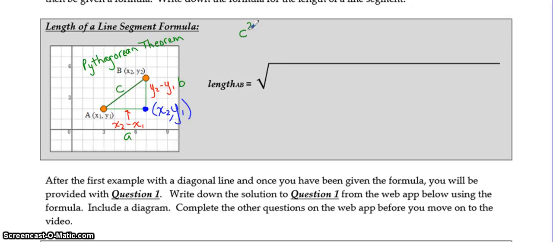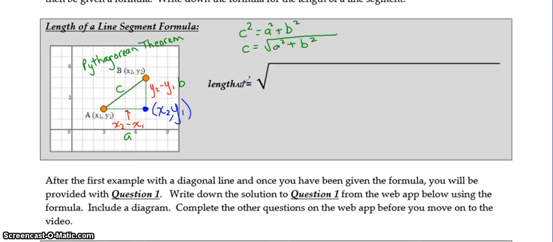So c squared is equal to a squared plus b squared. Or if you take the square root of both sides, c is equal to the square root of a squared plus b squared. So c is the length of AB.